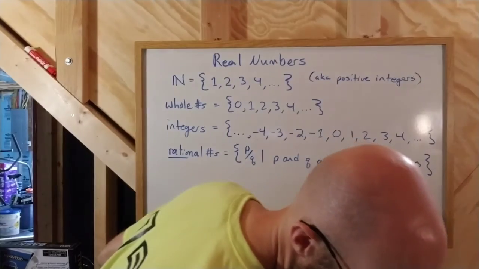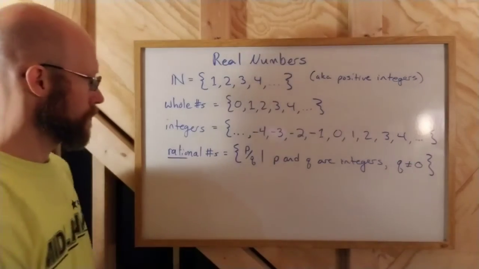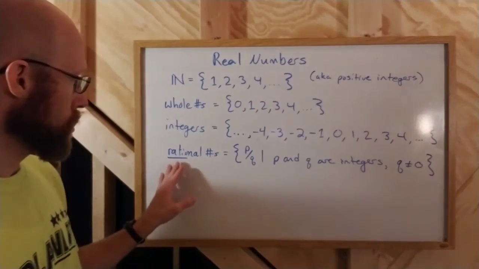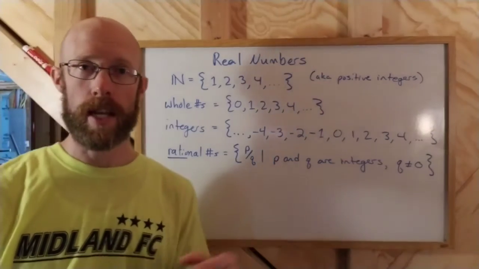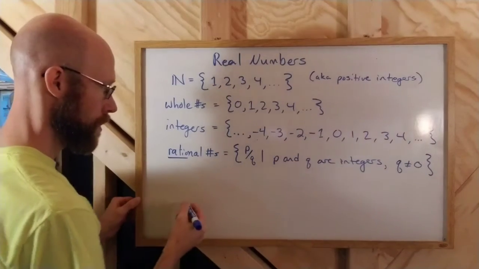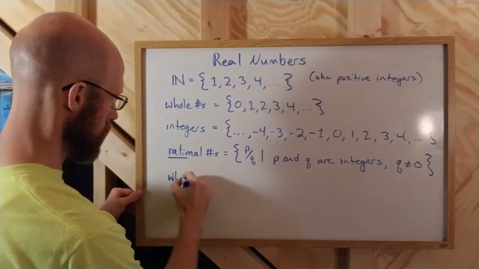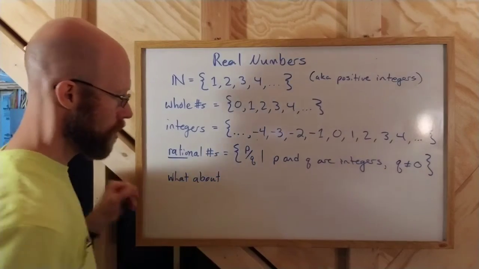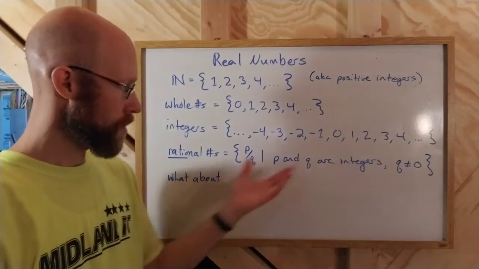Make sure I'm not missing anything. Okay, and so there's one other set of numbers, because this set of rational numbers doesn't hit everything, right? There's other things out there. So the question is, what about things that aren't in there?